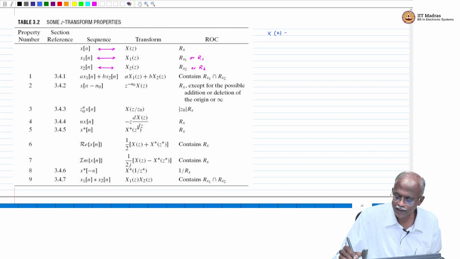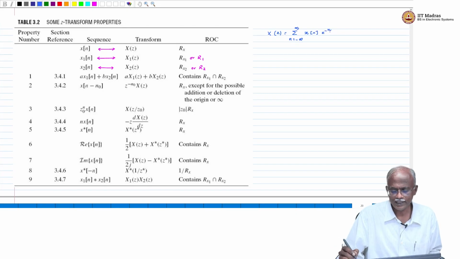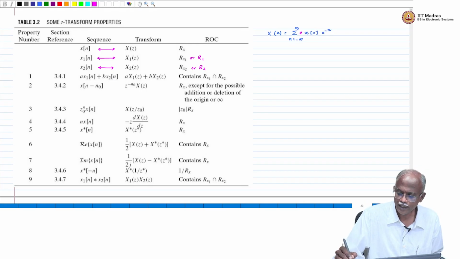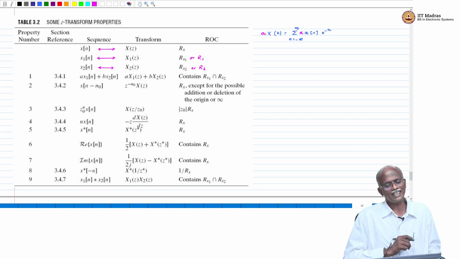x of z is equal to summation n equal to minus infinity to infinity x of n z power minus n. Now, if I scale this by a factor a, notice that my sequence will also get scaled by a.